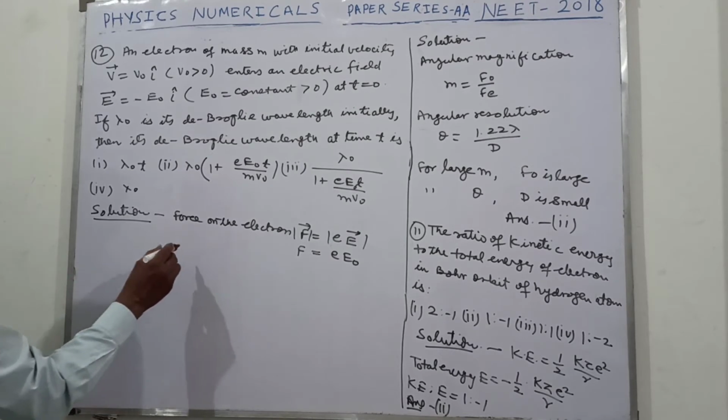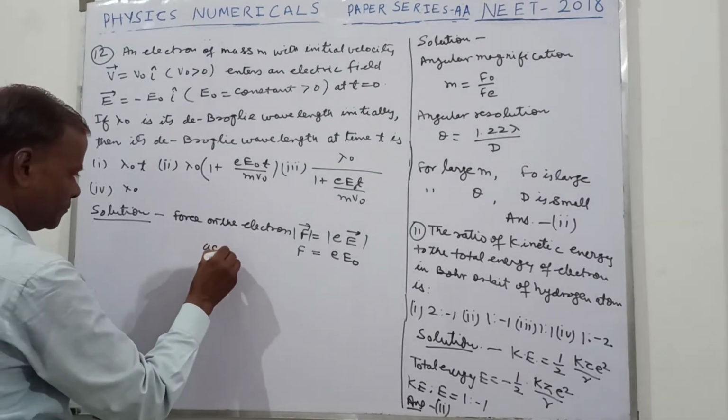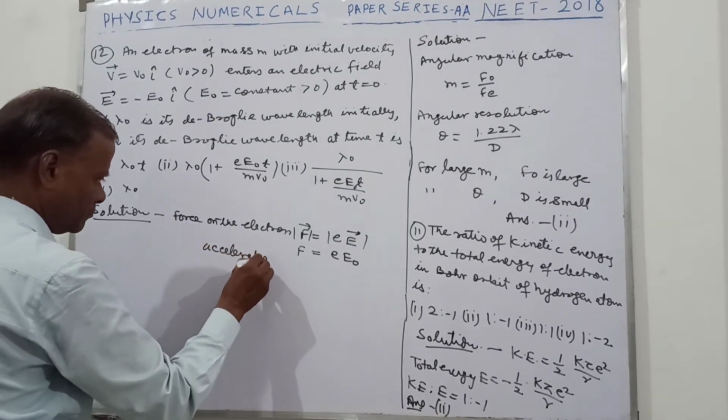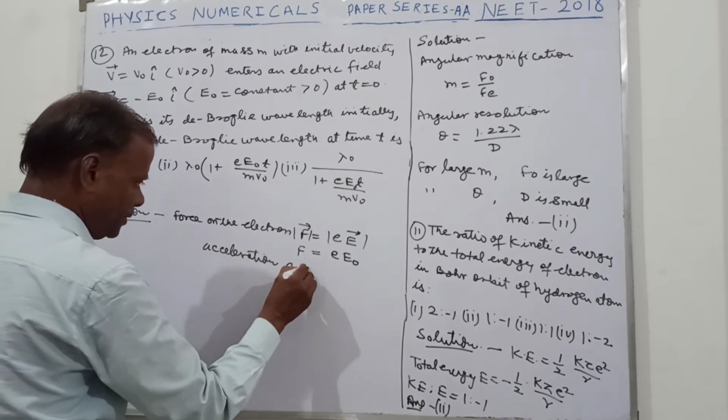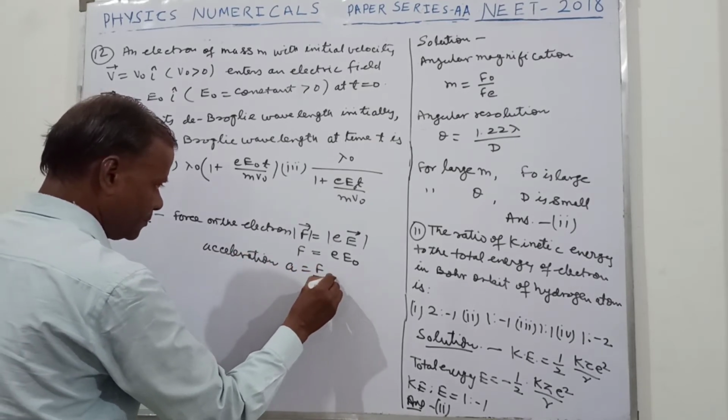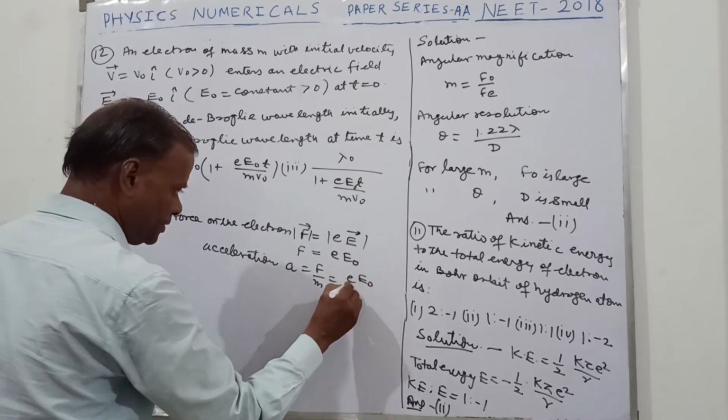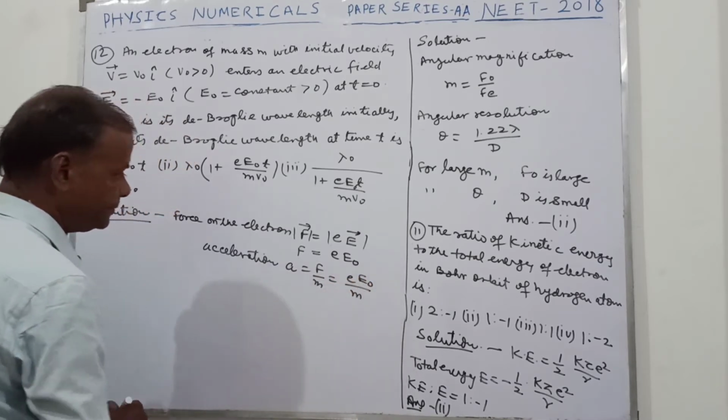Now acceleration a equal to F upon m, so this is e E naught upon m.